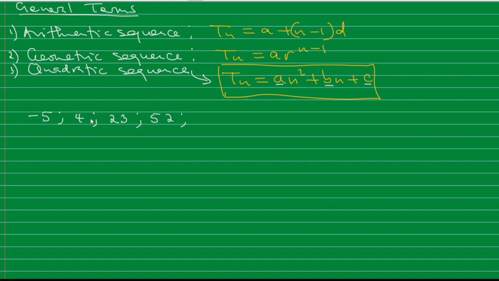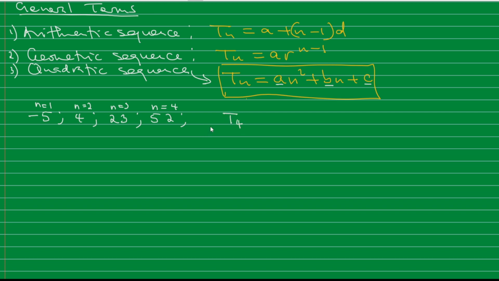Each term has a position. Here our n is 1. Here our n is 2. Here our n is 3. So these terms are described according to their position.